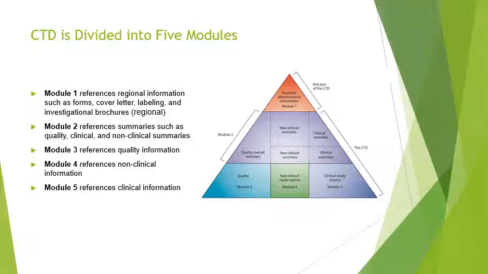M1 refers to the administrative documents, and module 1 is regional specific. It changes as per the requirements of various regulatory bodies, whereas modules 2, 3, 4 and 5 are constant and the same for all the regulatory bodies.